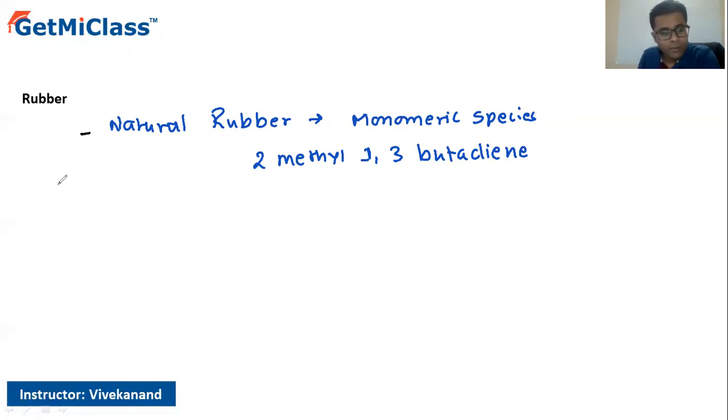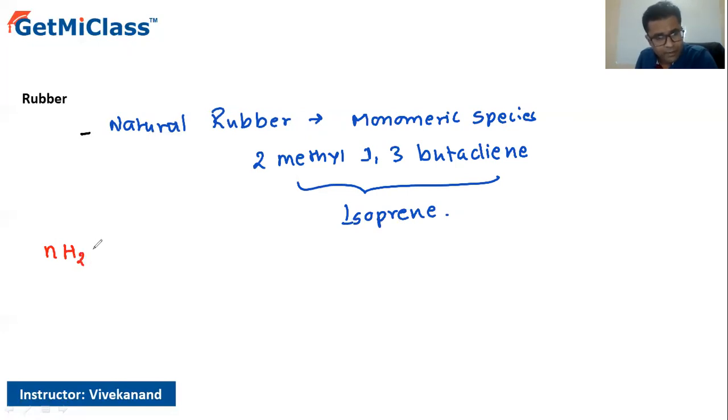So the monomeric unit is 2-methyl 1,3 butadiene. This is also called isoprene. Remember this.